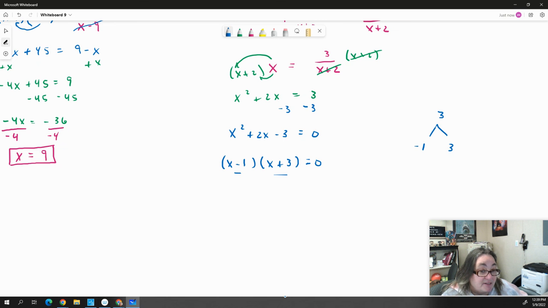What could I put in for x that would make that equal to 0? Well, that one's a little harder, but kind of not either. If you remember, we have negative numbers. Grace, what would make x plus 3 equal to 0? What value for x?